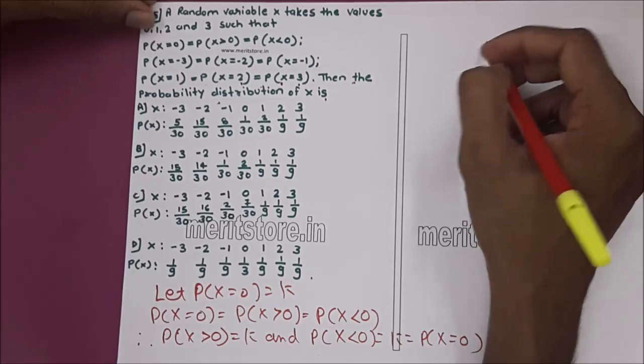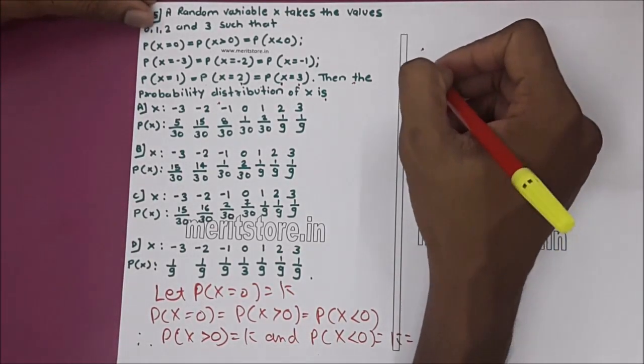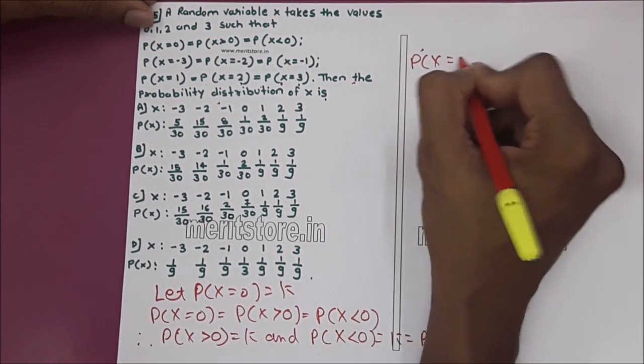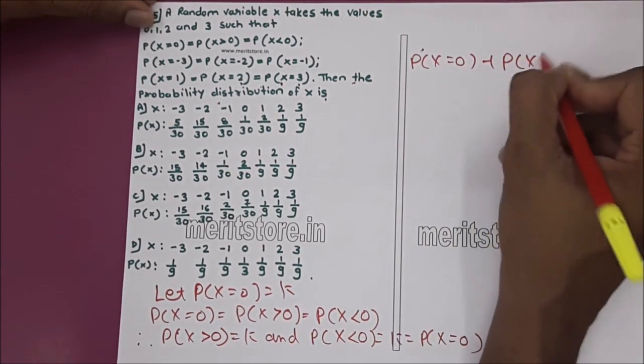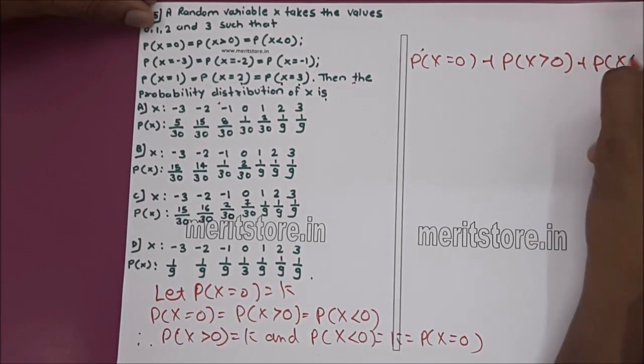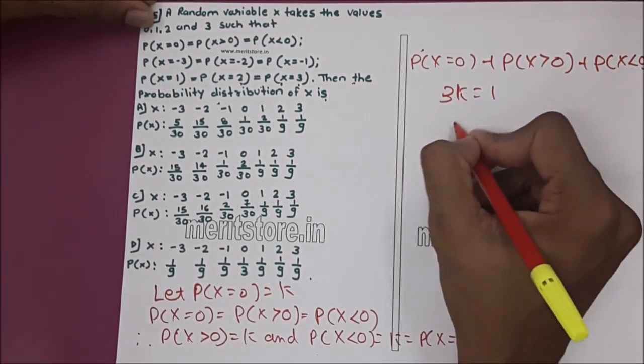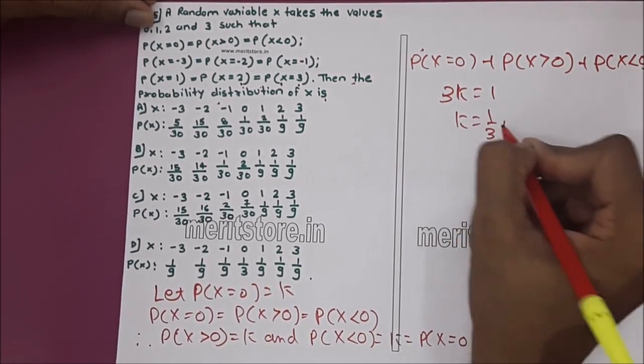We add all this; the sum of the probability distribution is unity, so P(X = 0) + P(X > 0) + P(X < 0) = 1. We substitute the value, we get 3k = 1, which is k = 1/3.